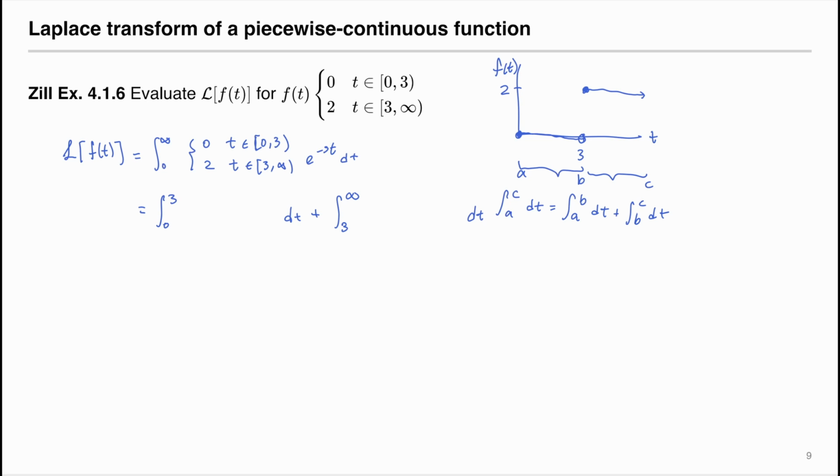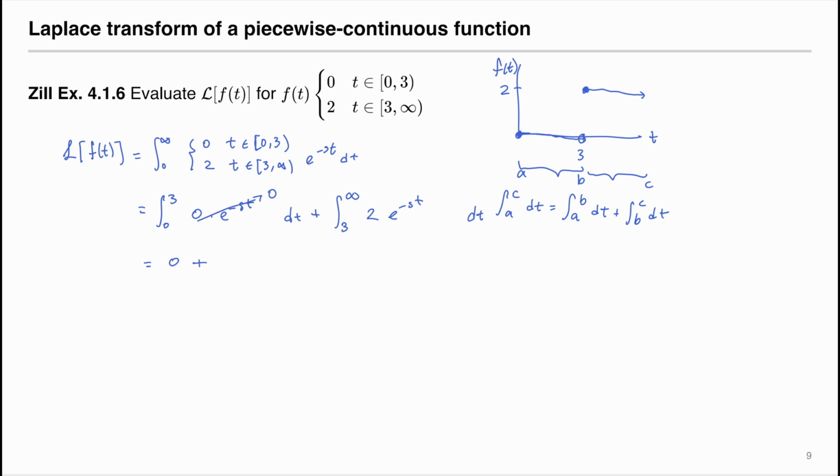What's inside is first the original function 0 multiplied by e to the negative s of t, then in the 3 to infinity part it is 2 e to the negative s of t. And here, because this is 0, we're integrating nothing, so it's also 0.